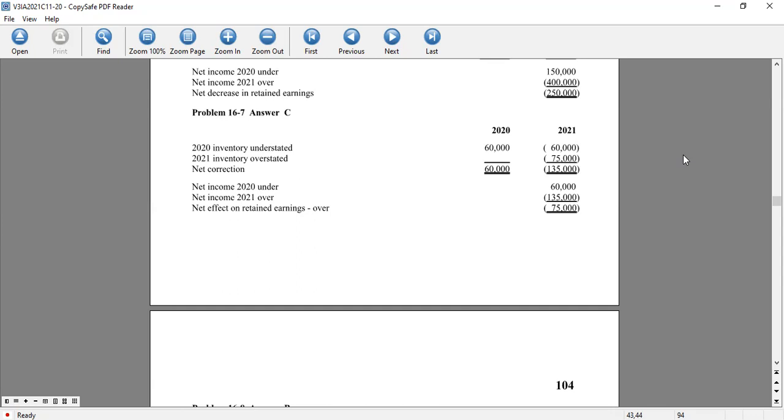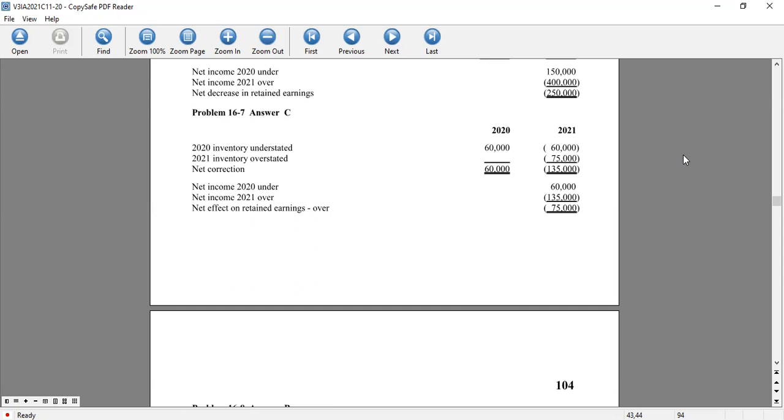So in 2020, inventory was understated, so we have to deduct from 2021. In 2021, inventory was overstated, so from retained earnings, we have to deduct. Then we have the net correction.